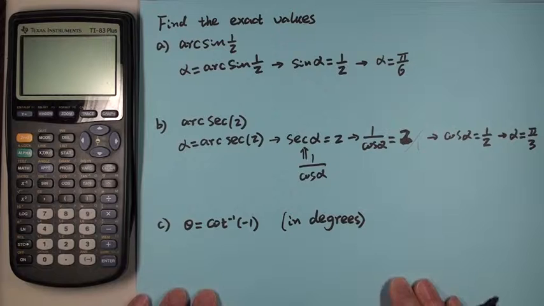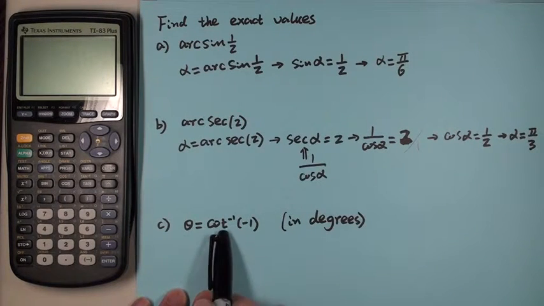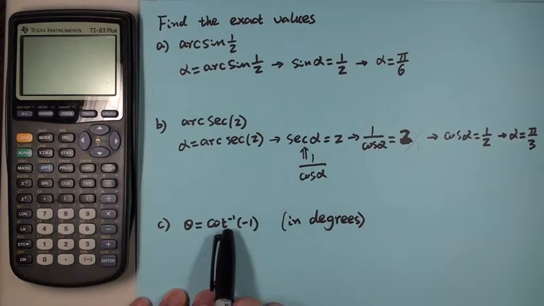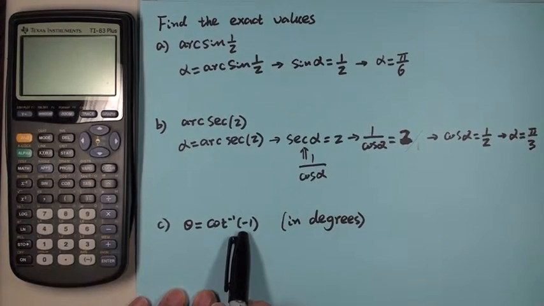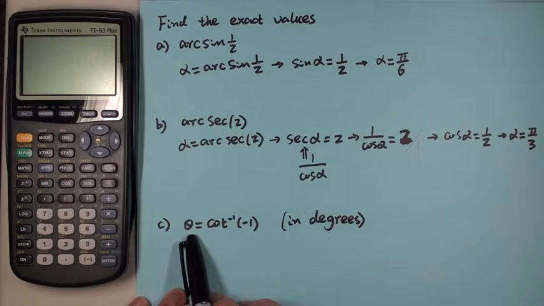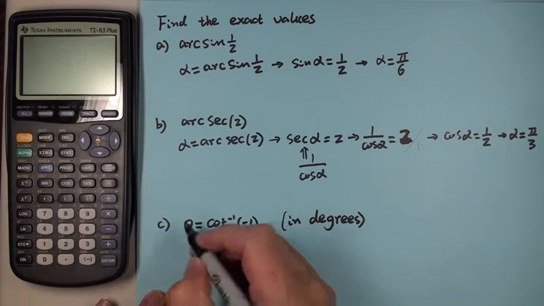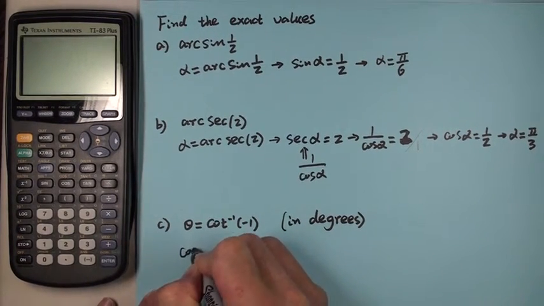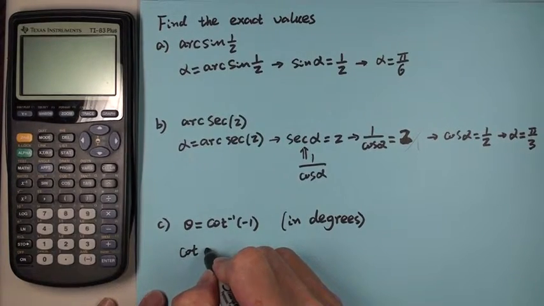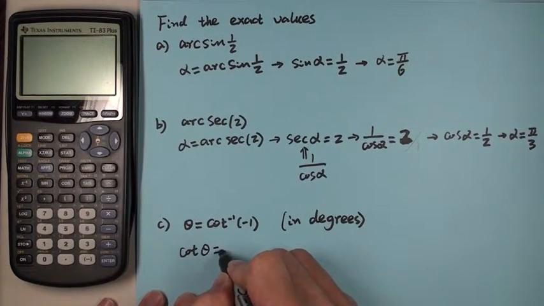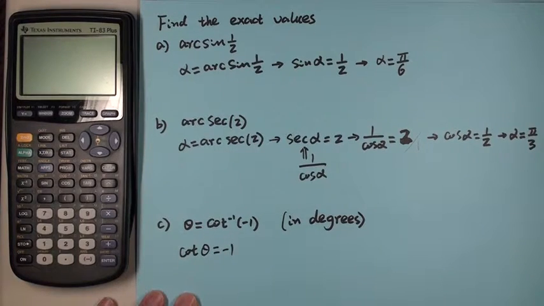Alright, now here is cotangent inverse. It still means arccotangent of -1 is theta. So here the angle is introduced already. Then you know cotangent theta is -1. Cotangent theta is -1.